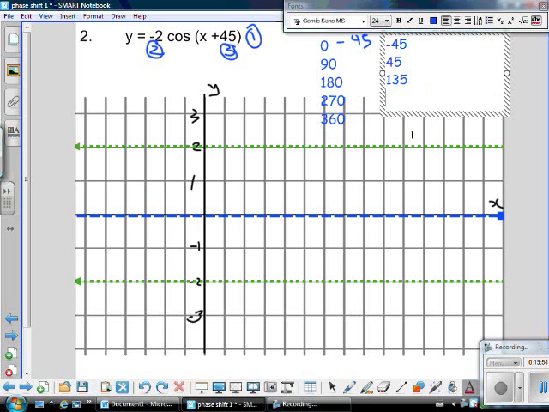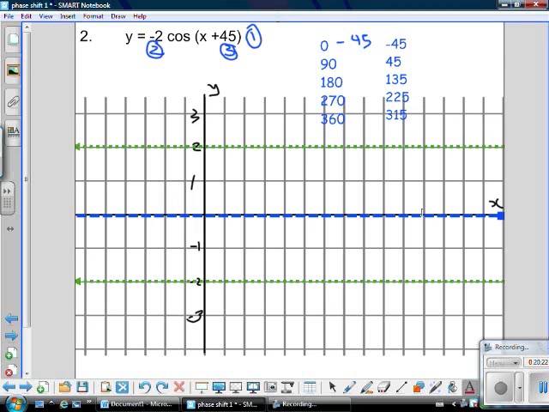I'm at 270 now, so 235. Nope, 225. See, I told you I'd make a mistake. And then if we take away 45 from our 360, we're left with 315. So you can always do a quick checkup with that.